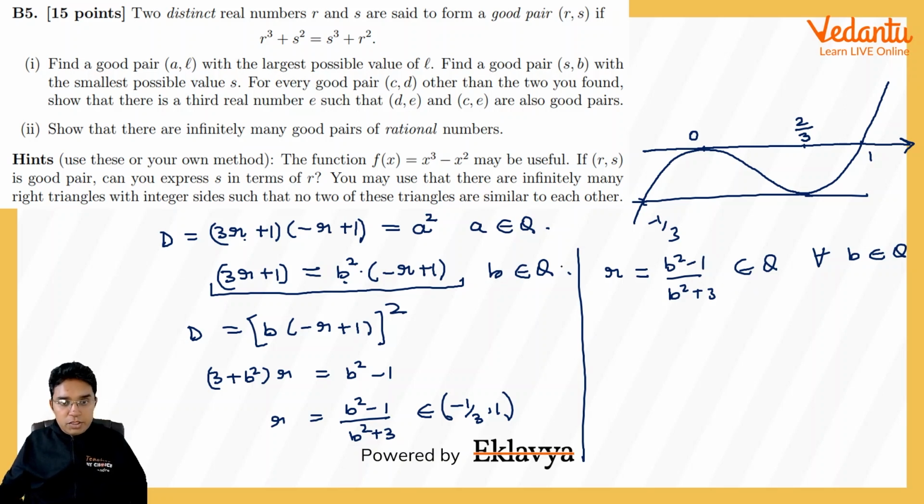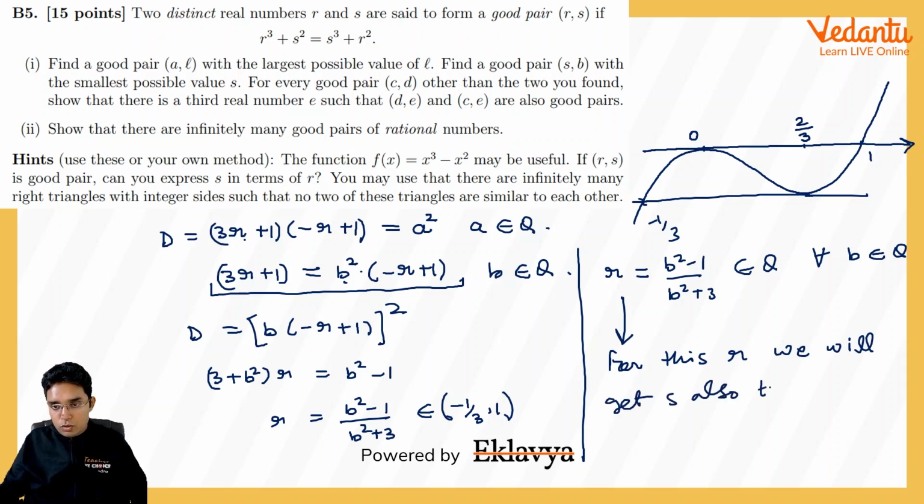So if I take this kind of b and I put this value of r here, then for this r we will get s also to be a rational number, and hence I think we are done, because b can take infinite values, and if b takes infinite values, then this r will have infinite values for which we will get s also to be rational number, and hence we are done that there will be good pairs of rational numbers.